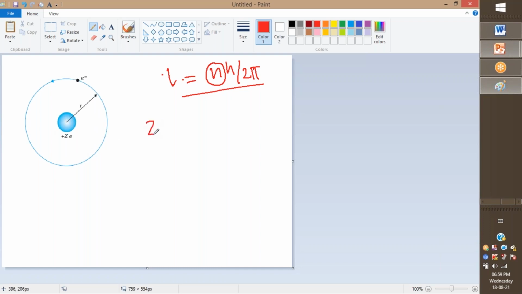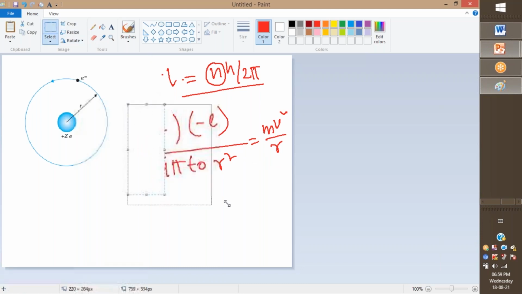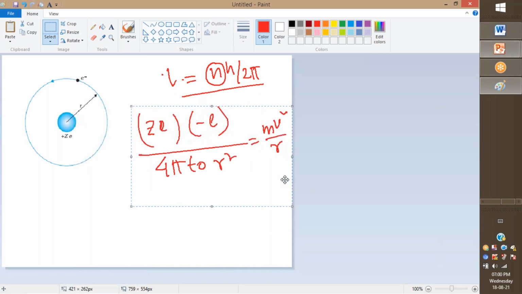In this case, the electrostatic force, Ze times e by 4 pi epsilon naught r squared, gives mv squared by r, the centripetal force. By the action of this force, the electron executes circular motion.